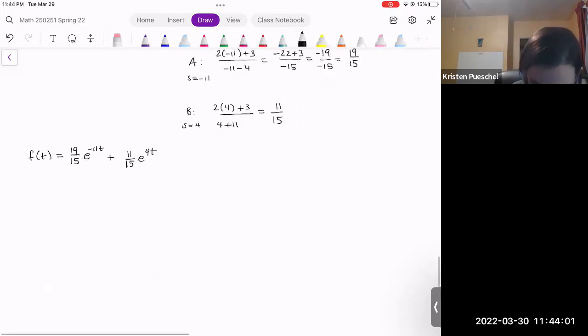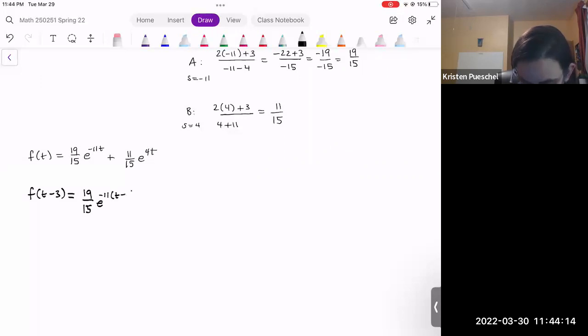Okay, so f of t minus 3. Every time I see a t, I'm going to be writing t minus 3. So this is 19/15 times e to the negative 11 times (t minus 3) plus 11/15 e to the 4 times (t minus 3).